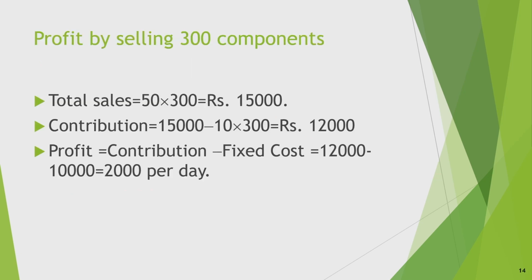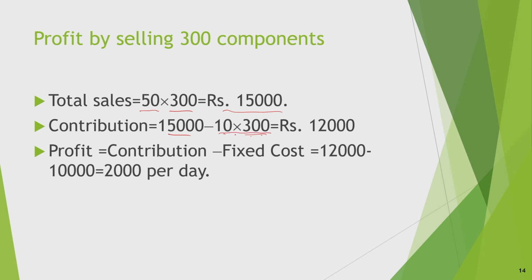Profit by selling 300 components, as break even point came 250. If I sell more, then naturally I will get more profit. So, total sales is equal to 50 into 300, that becomes rupees 15,000, and contribution is equal to 15,000 minus 10 into 300, because total variable cost is 300 into 10.